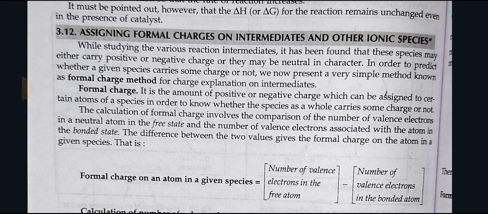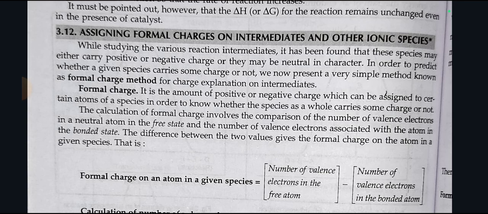Formal charge is the amount of positive or negative charge which can be assigned to certain atoms of a species in order to know whether the species as a whole carries some charge or not. The calculation of formal charge involves the comparison of the number of valence electrons in a neutral atom in the free state and the number of valence electrons associated with the atom in the bonded state.